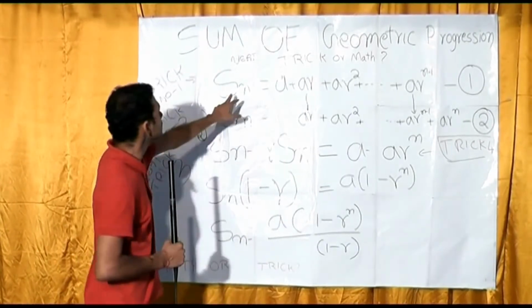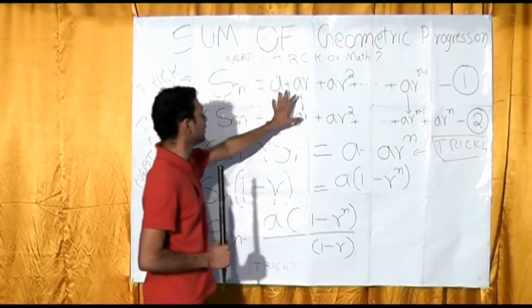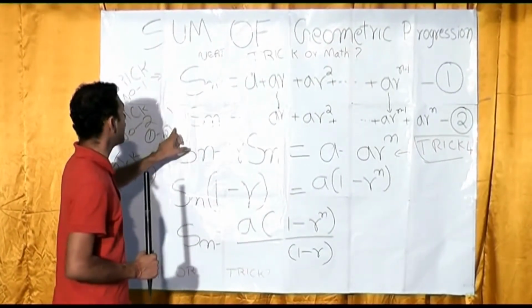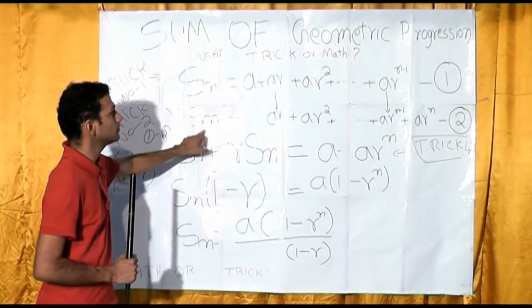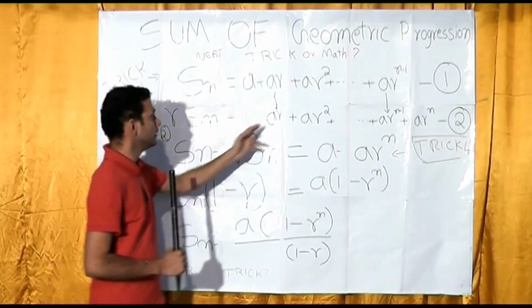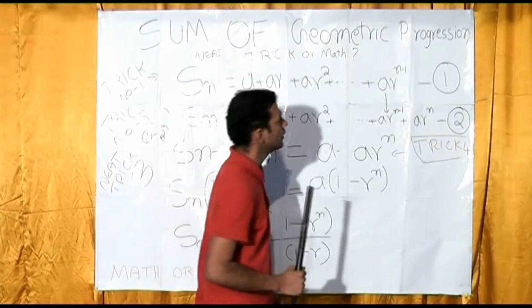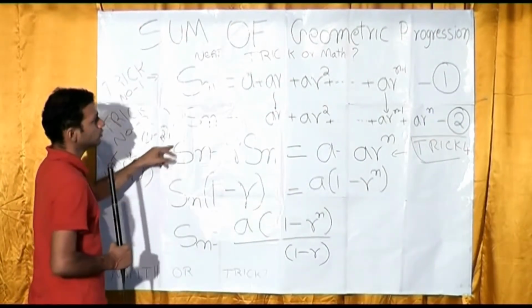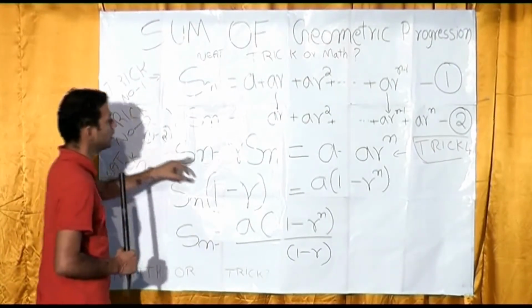The derivation begins by assuming the sum as Sn. The next step is to multiply r to Sn, so that you get ar square and so on; this is the result 2. The third step is 1 minus 2, that is Sn minus r into Sn.